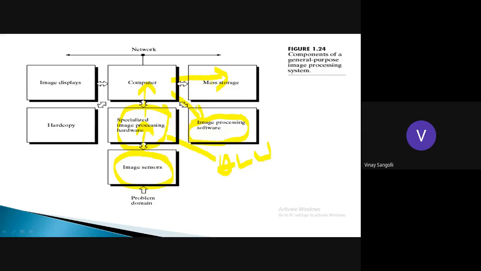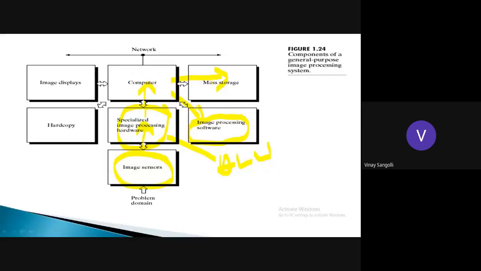Whatever we are speaking of right now is a single image. Imagine if you have more images, then there comes the problem of storage. Therefore, the word mass storage means that we require a huge amount of storage space when dealing with images. Now, all image processing applications broadly fall into three categories.